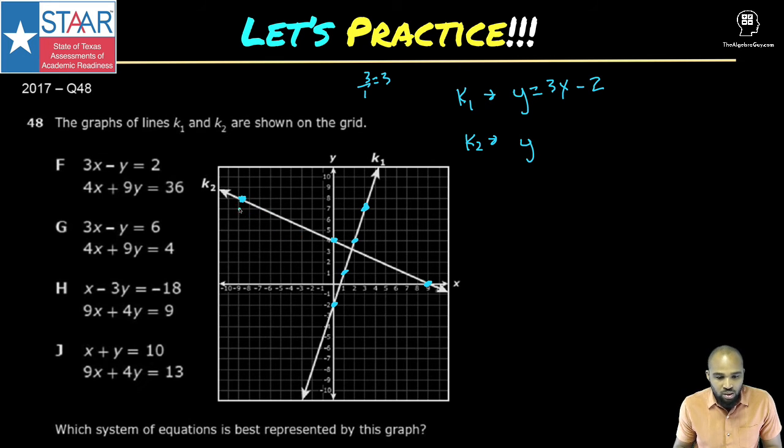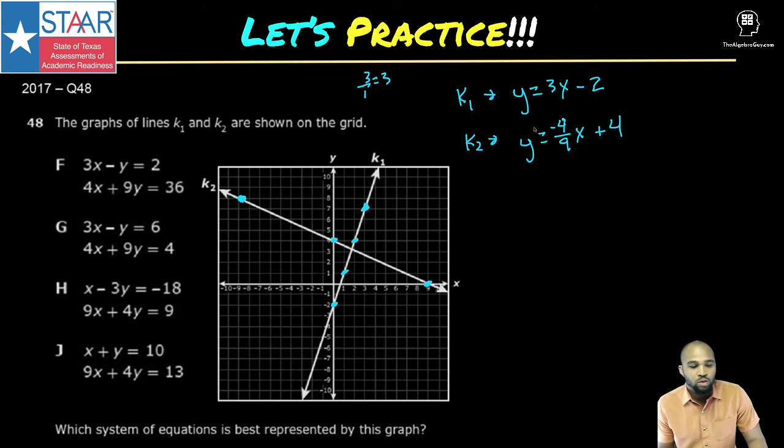So let's look and see if they're consistent. 1, 2, 3, 4. And then from -9 to 0 is 9. So it looks like it's going down 4 to the right 9. So -4 over 9x, and the y-intercept's at 4. So those are my two equations.